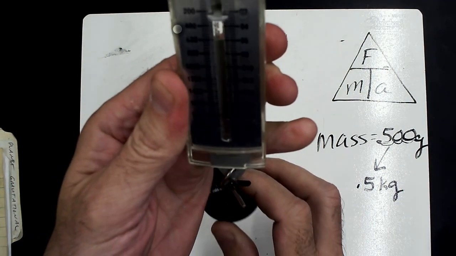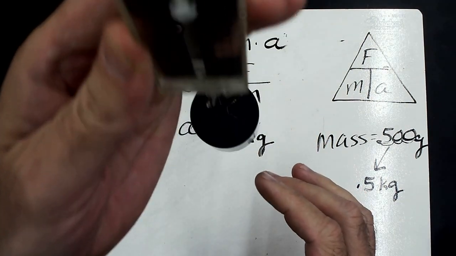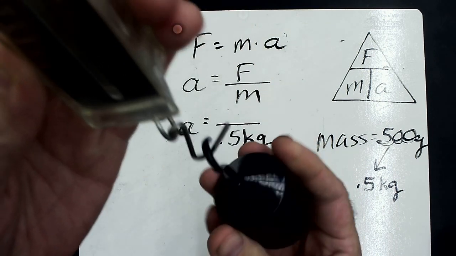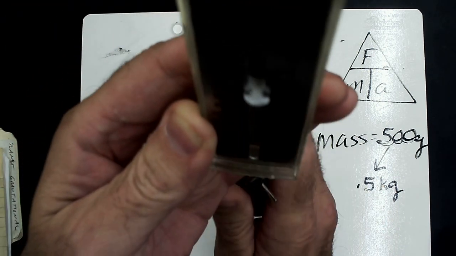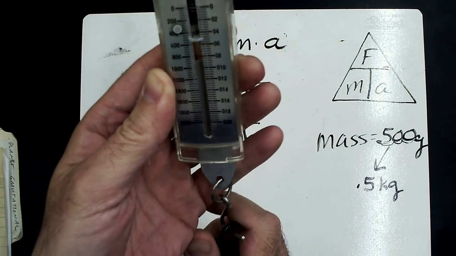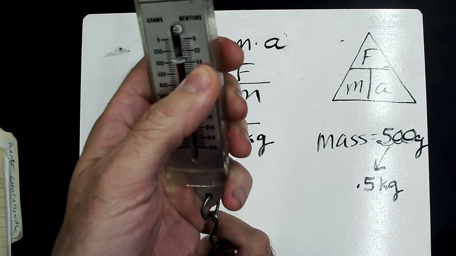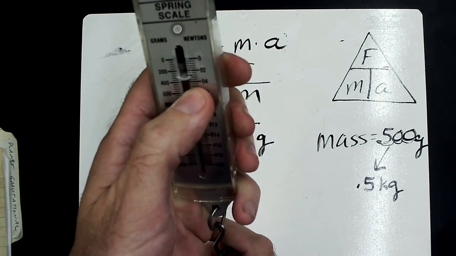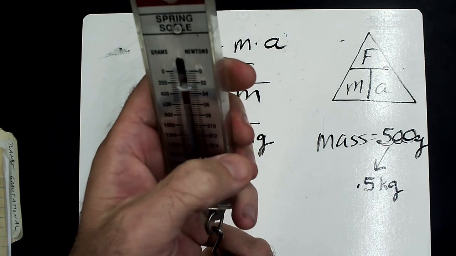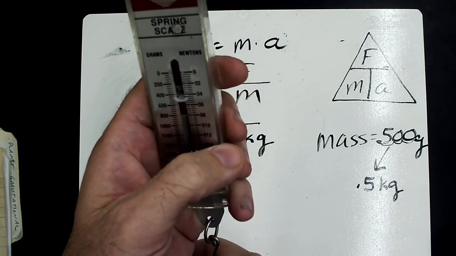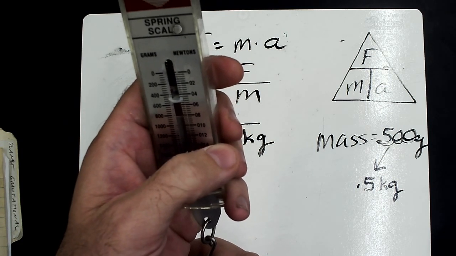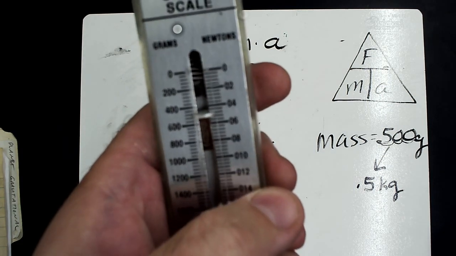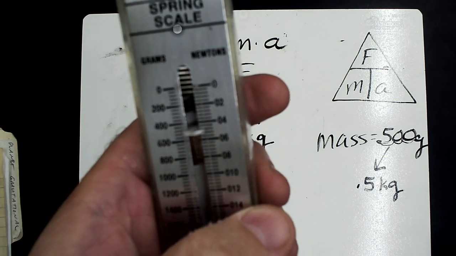If I hang this mass from the scale, what I get on here is, so this is 4 newtons, this is 6 newtons. So each one of these lines is 0.4, and it was right about here. So that would be 4.8 newtons.